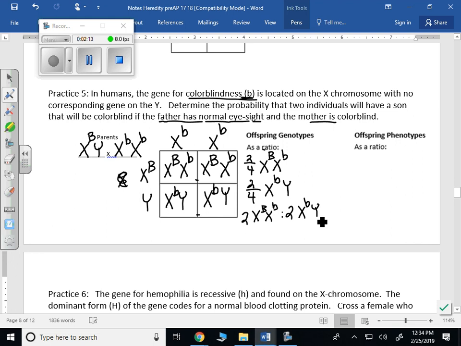Just remember that before you get a ratio from your fractions, make sure your denominator is the same, and then you just take your top numbers.